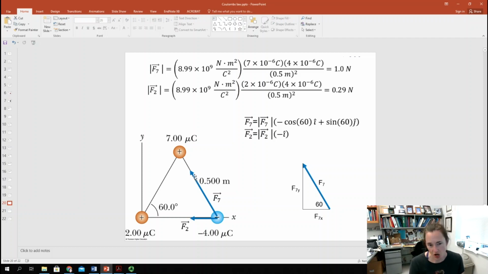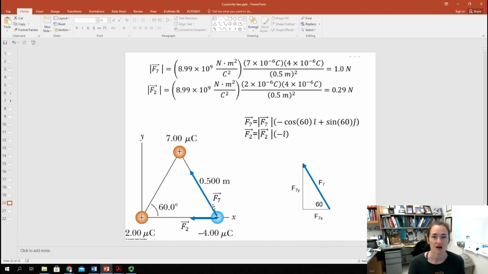I made that arrow longer because the 2 microcoulomb charge over here is smaller than the 7 microcoulomb charge up top, so that would result in a larger force vector. It's not necessarily to scale, but it does help me keep things in my head. Okay, so that's step 1. Now the angles are already labeled for me because all the interior angles are 60 degrees, so I didn't need to do that step.